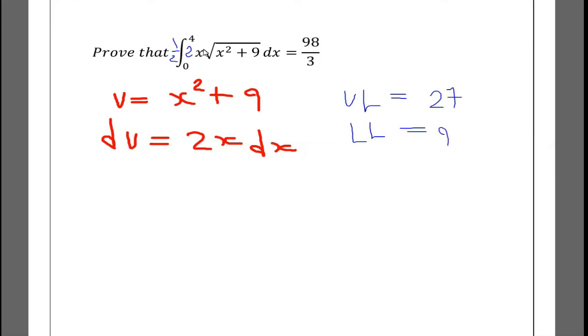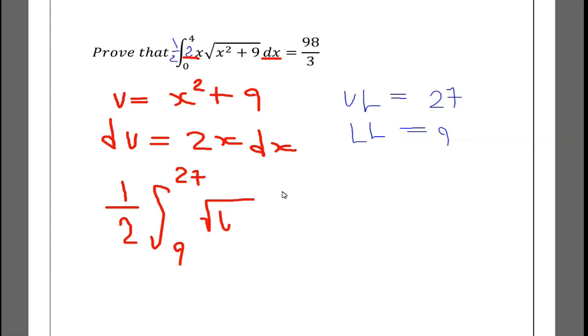And so the question up here is going to become, we're actually finding a half, the integral from the lower limit of 9 to 27 of, now this 2x dx becomes your du. And so what we're integrating is the square root of u du. That's all we're integrating now.